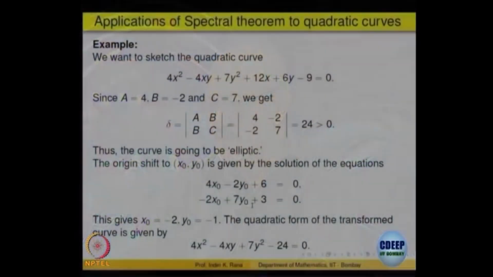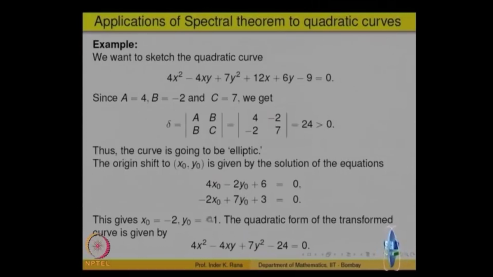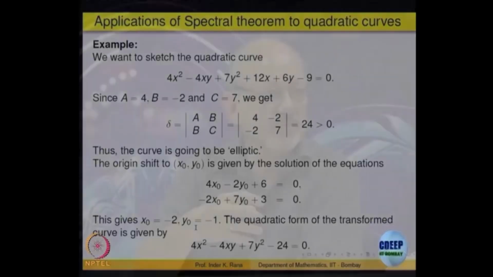Once you solve these two equations, because we already assumed that the determinant is not equal to 0, a unique solution will exist, and the unique solution is given by x0 equal to minus 2 and y0 equal to minus 1. That is where the origin should be shifted to, and that is what we call the center of the curve. So, origin 0, 0 should come to minus 2, minus 1, and then I should rotate it there.